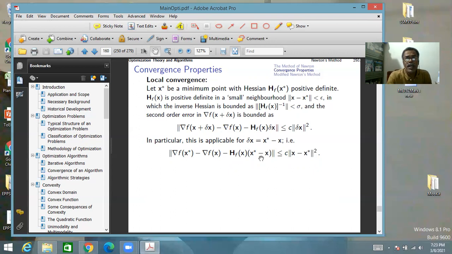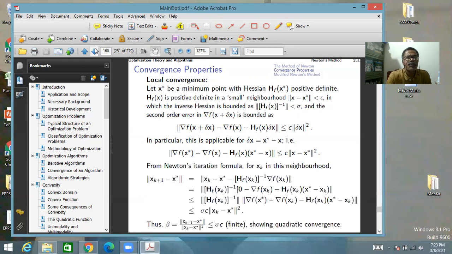Now, we organize this a little bit. From Newton's iteration formula for xk in this little neighborhood, we want to evaluate this. Now, what is xk plus 1 from Newton's formula? xk minus this. We put that, and x star we retain.